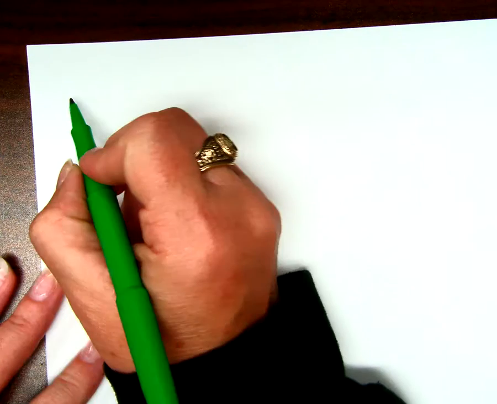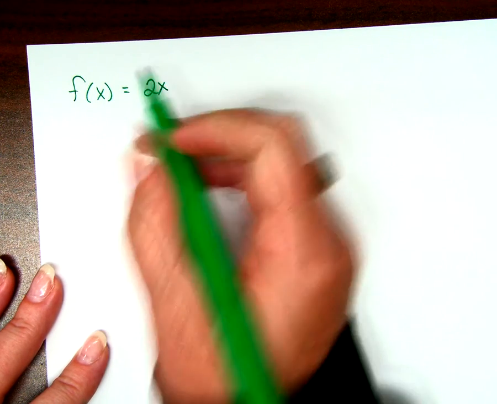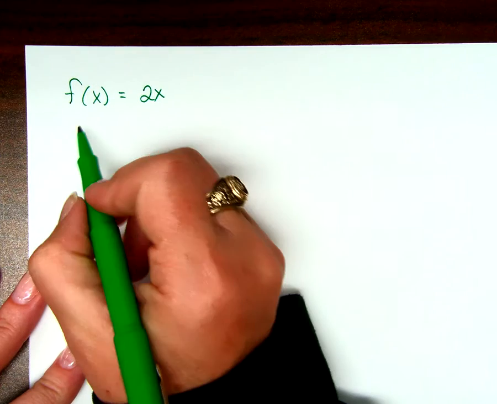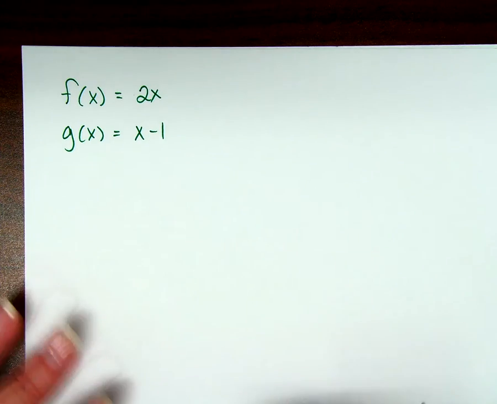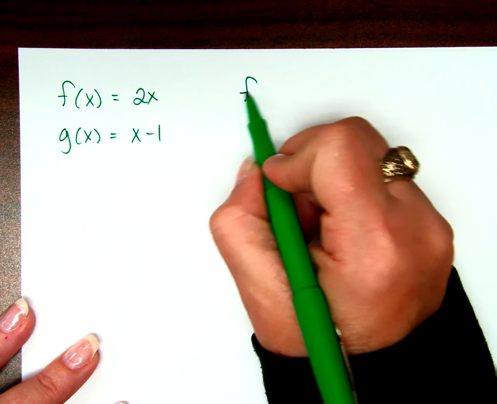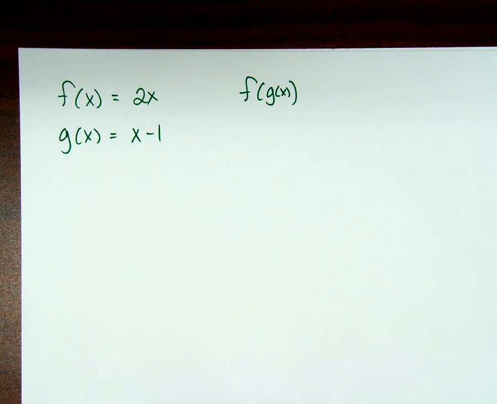Composition of functions is when I tell you f of x equals 2x, just like we had a second ago, and g of x equals x minus 1, just like we had a second ago, but this time we're finding f of g of x. That's not the same thing as f times g of x. We're finding f of g of x.